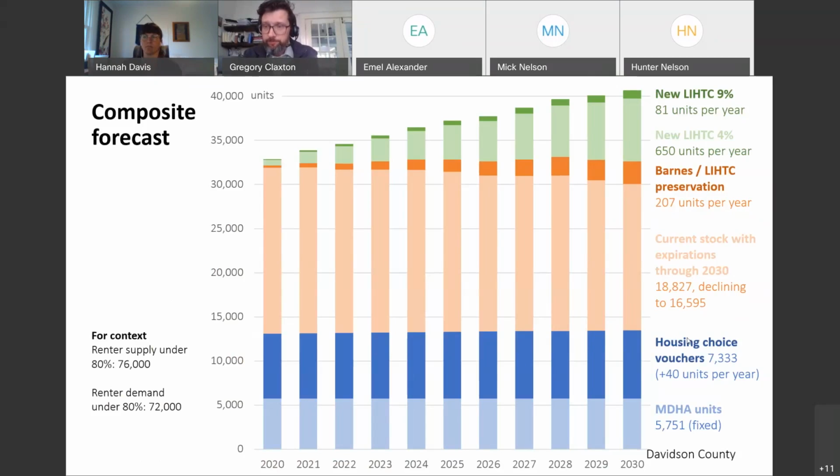Hey, Greg, one thing I may want to say is I think the risk of losing project-based Section 8 in this day and age is relatively very low, if we want to relook at that or not. Okay. In terms of the expiring units, or in terms of that as a source for increased vouchers?